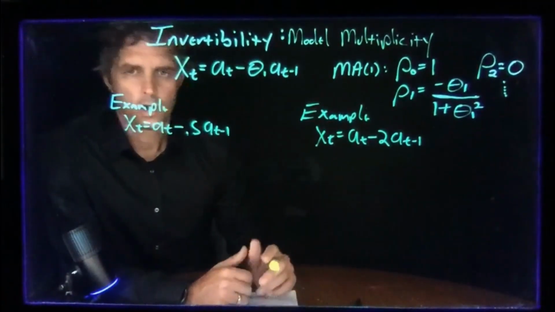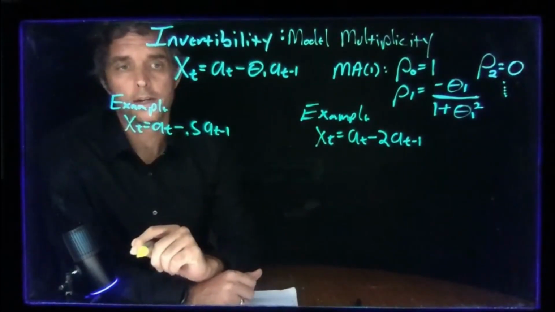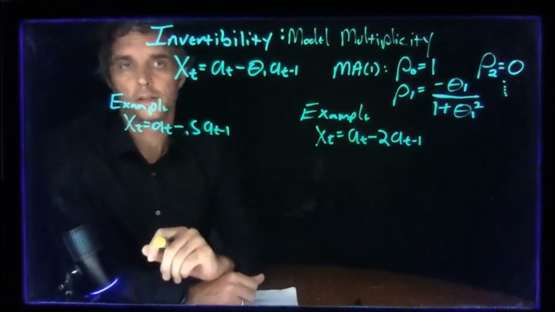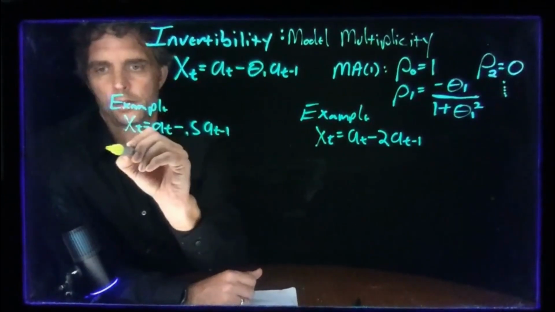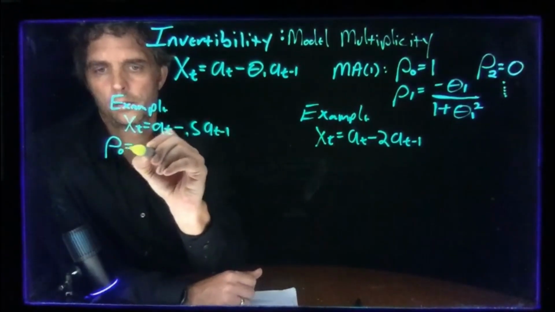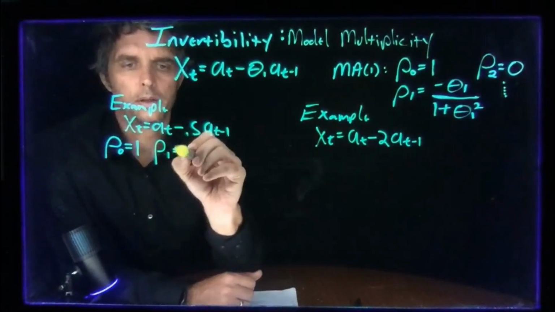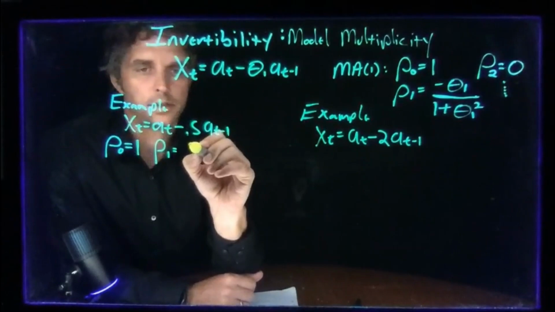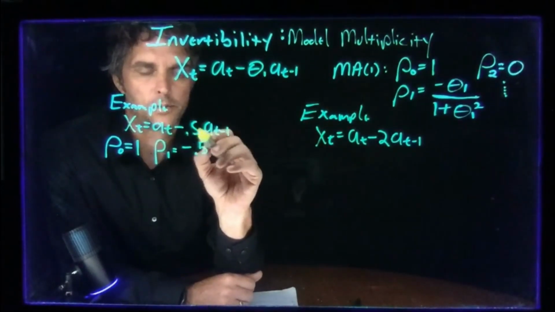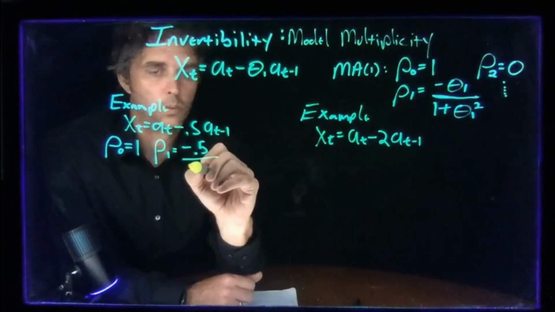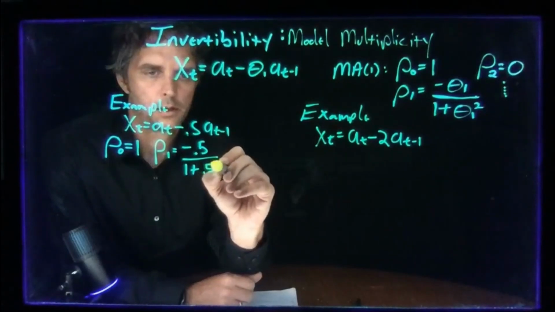So awesome. Let's go ahead and check out what the correlation structure is for this MA1 here that we know is invertible. This is an invertible MA1. Roots are outside the unit circle, but let's check it out. So this is rho naught equals 1, because it always does, and rho 1 equals negative 0.5, because theta 1 here is 0.5, divided by 1 plus 0.5 squared.